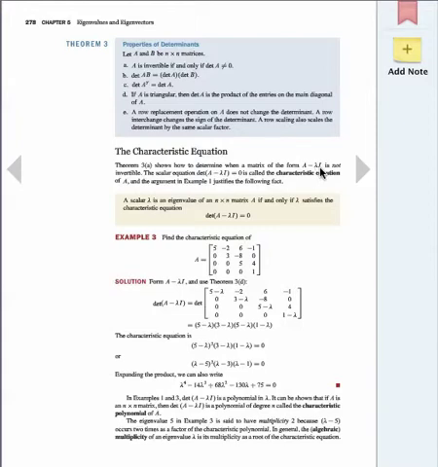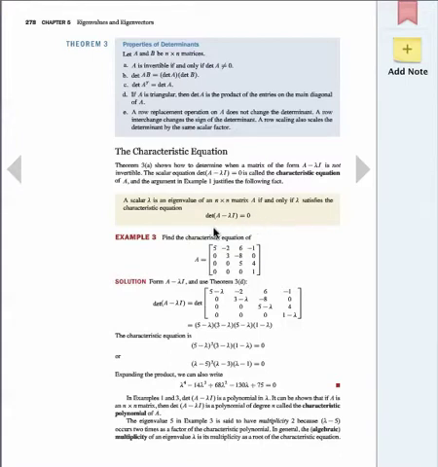In other words, lambda is an eigenvalue of A exactly when A minus lambda I is not invertible, or in other words, exactly when the determinant of A minus lambda I is 0.